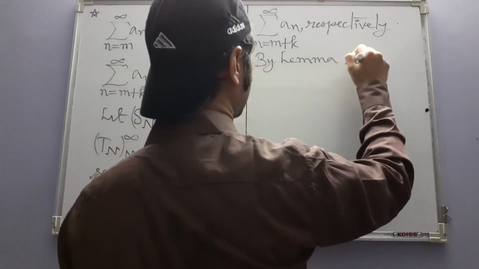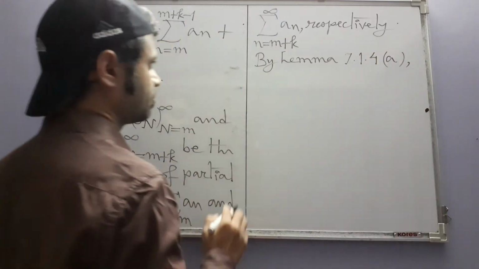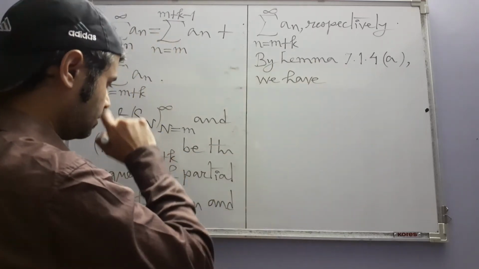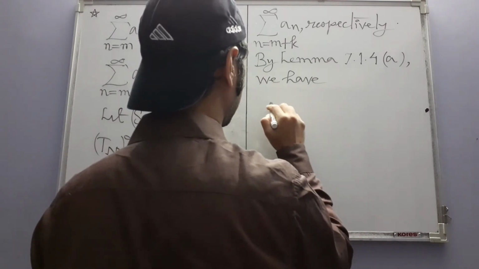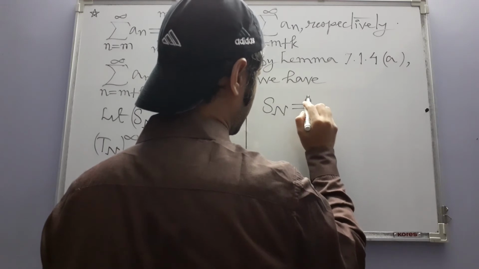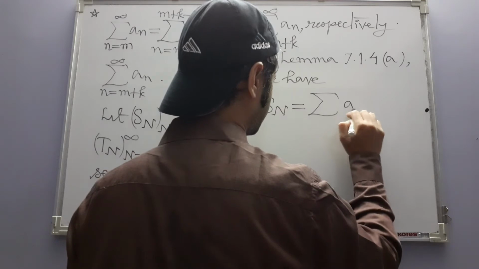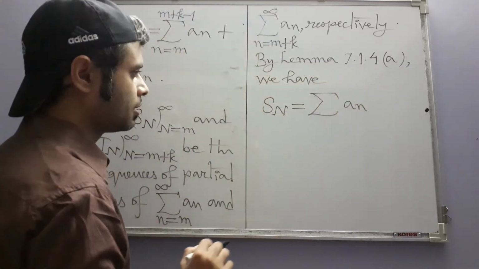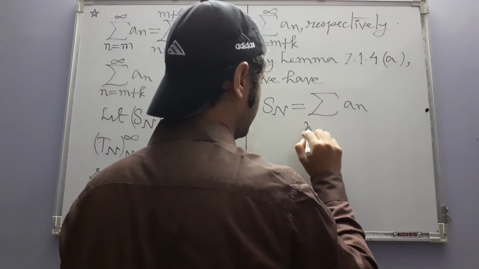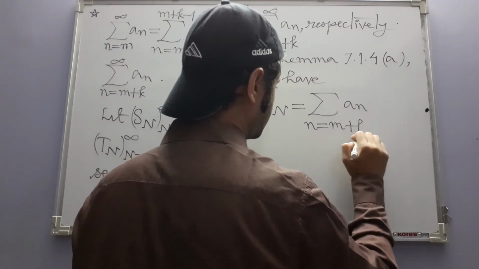By lemma 714 part A, we have Sn equal to, let me write the sum also so things will be clear and we will see exactly how we are applying this lemma. n is varying from m plus k.